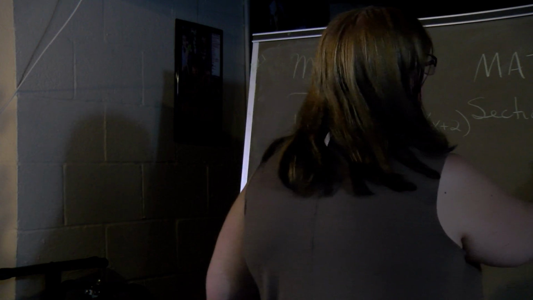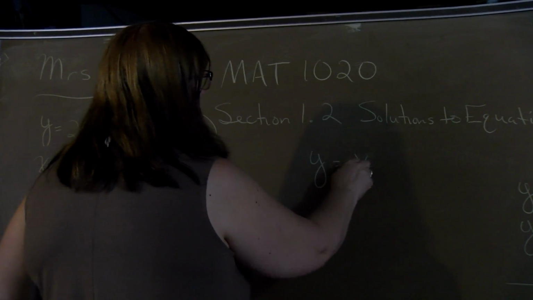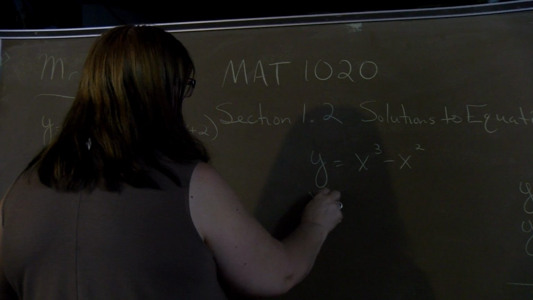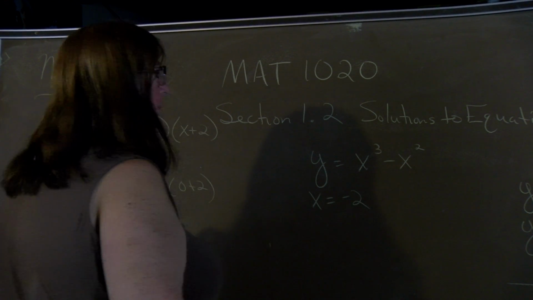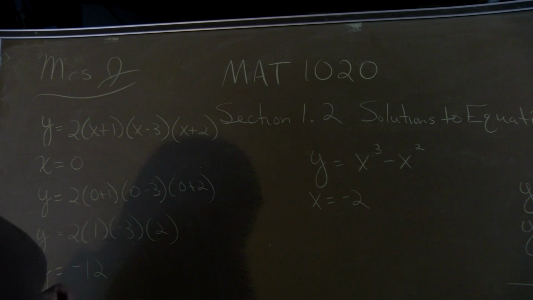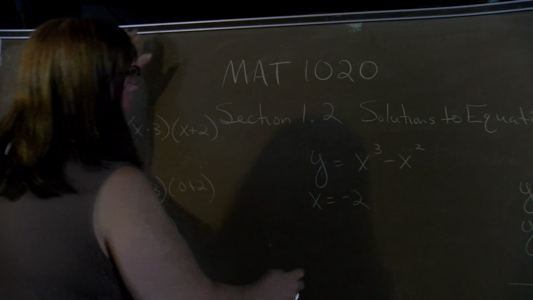Let's try another one. So if we have x cubed minus x squared, and we want to find out what y is when x is -2, we need to plug it in.